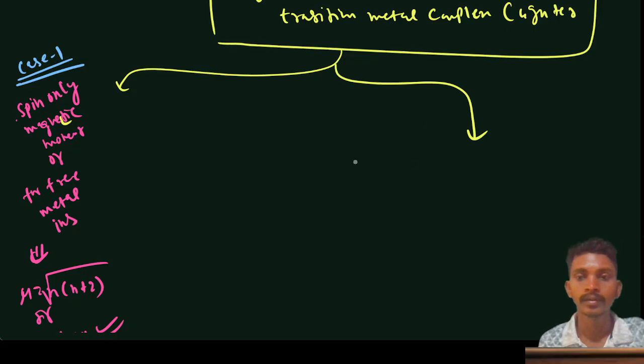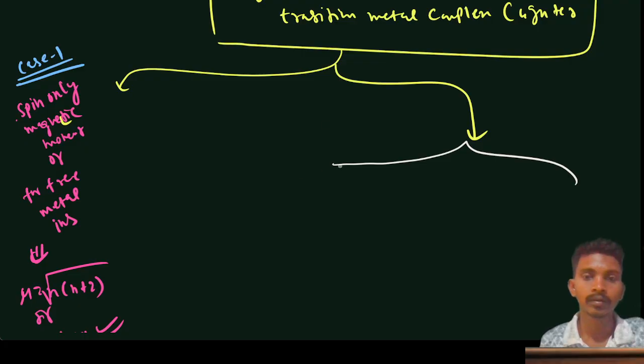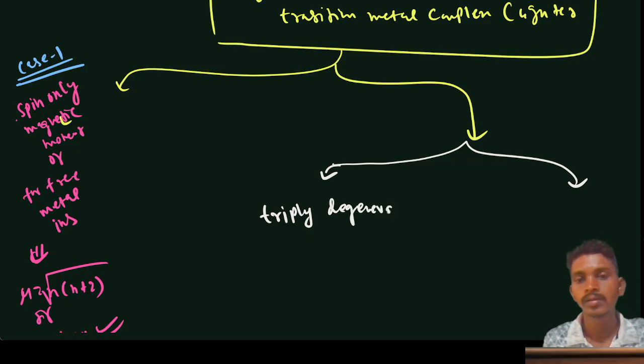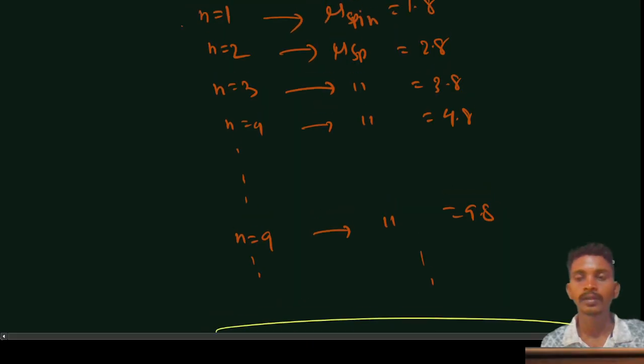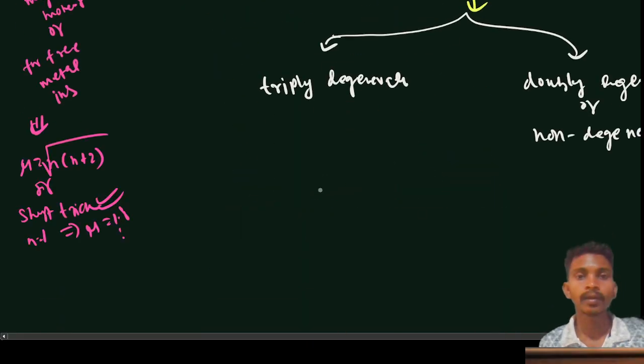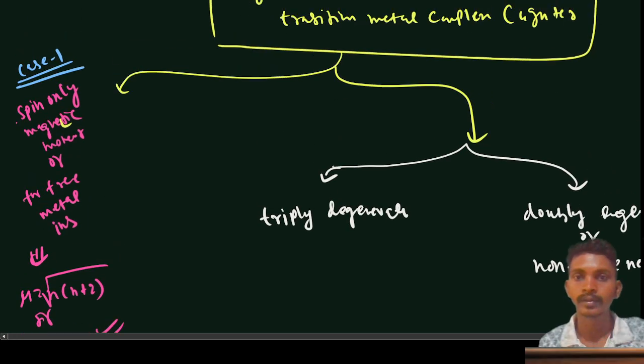The first case is triply degenerate, and the other is doubly degenerate or non-degenerate. If it does not mention anything.